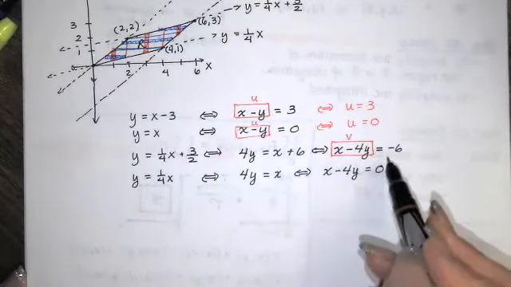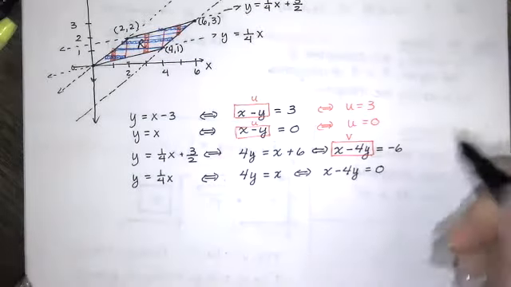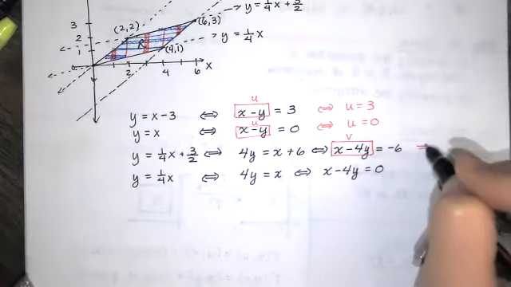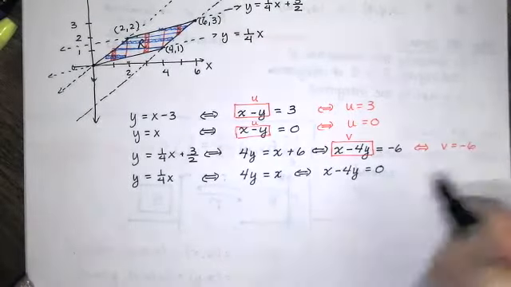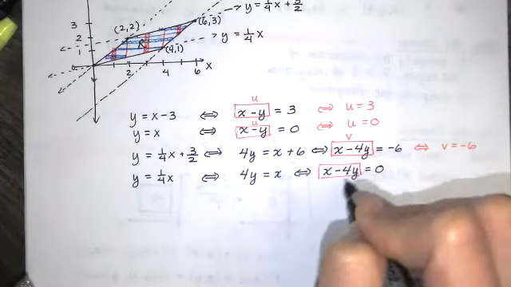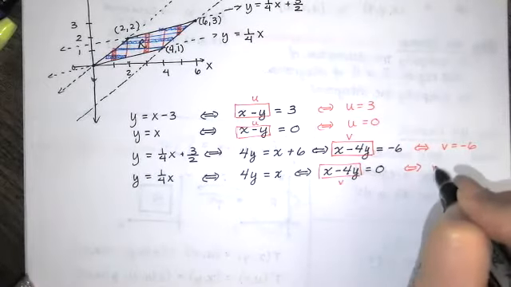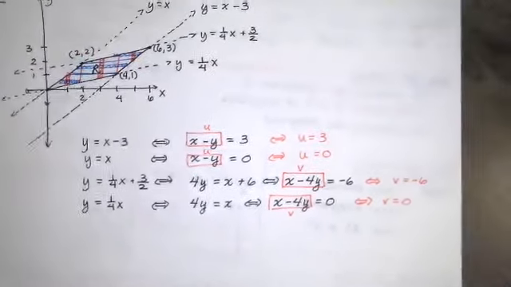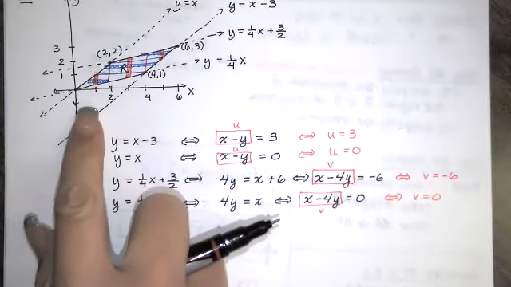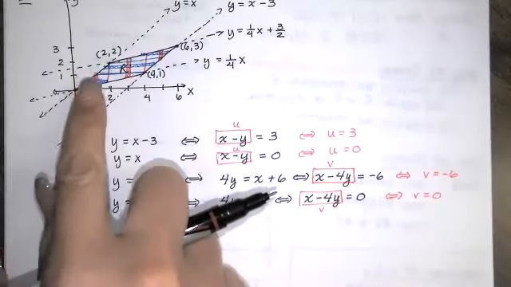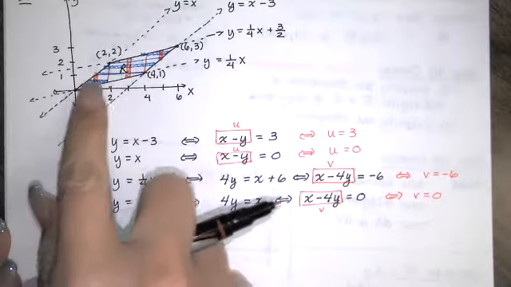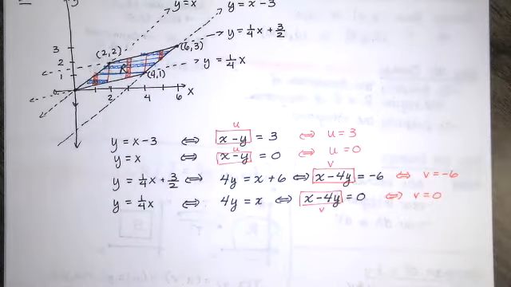Here, this line over here is v equals negative 6, and this line here becomes v equals 0. So this region that I didn't want to integrate over because it was going to cause me to evaluate 3 different integrals, whether I integrated with respect to x first and then y, or y first and then x, I can change it.